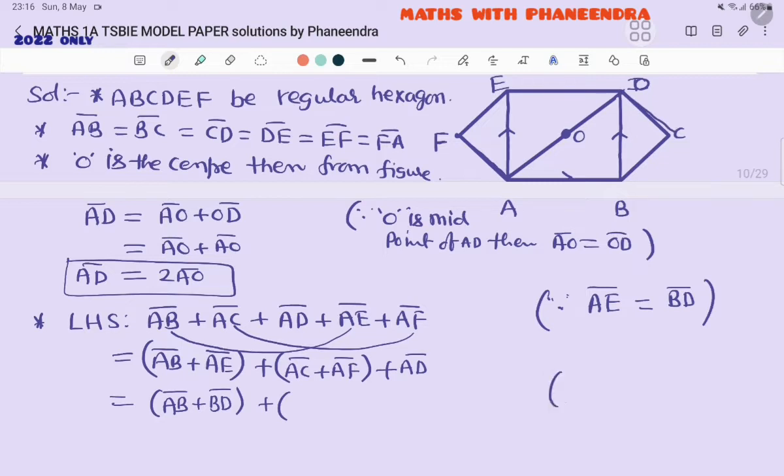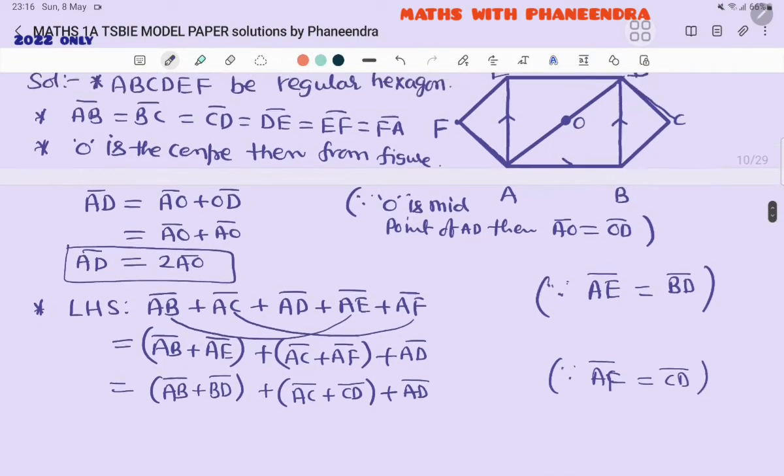So AC plus AF value is CD plus AD, from the figure. Sir, why are you only changing these values?